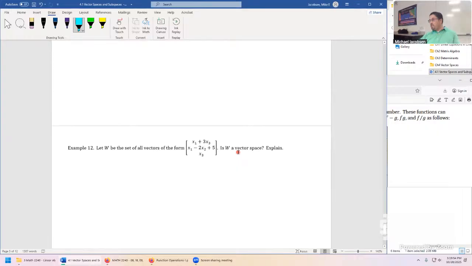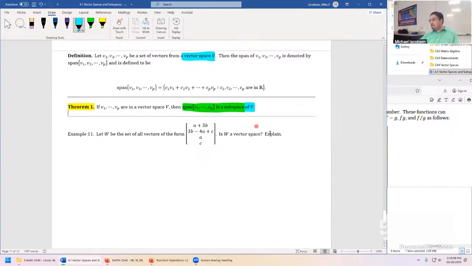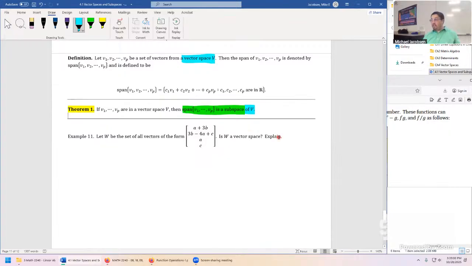If you can show that W is a subspace of R4, because there are 4 entries, then the work is majorly simplified. So that's our strategy: show W is a subspace of R4. The reason that helps us is subspaces themselves are bona fide vector spaces in their own right. So this can help us out a lot.